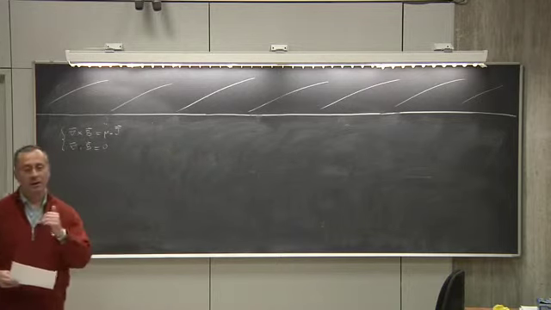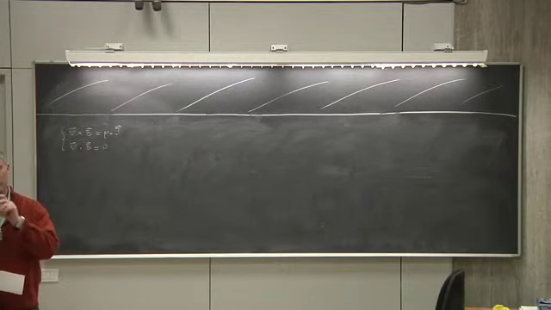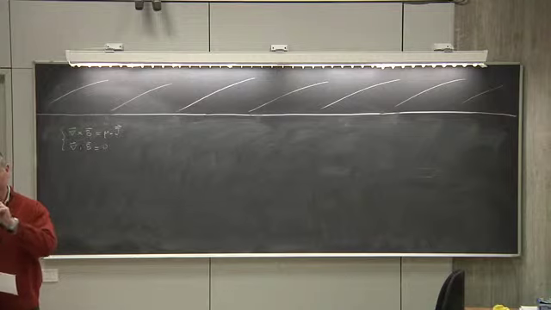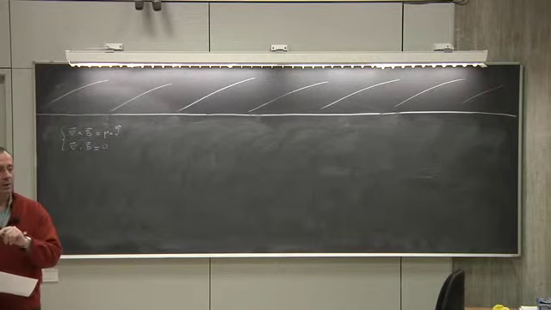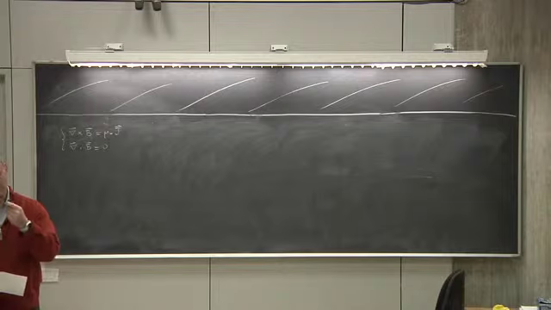Remember, it was some integral over the volume of the electric field squared. So the potential energy density is the electric field squared.